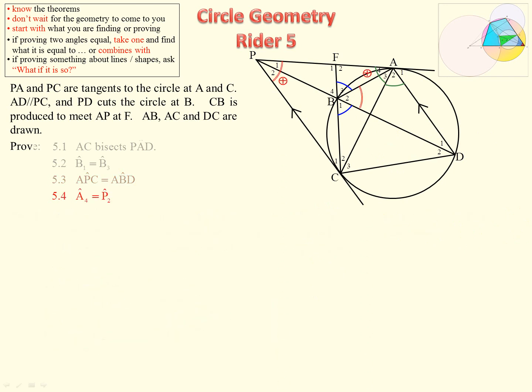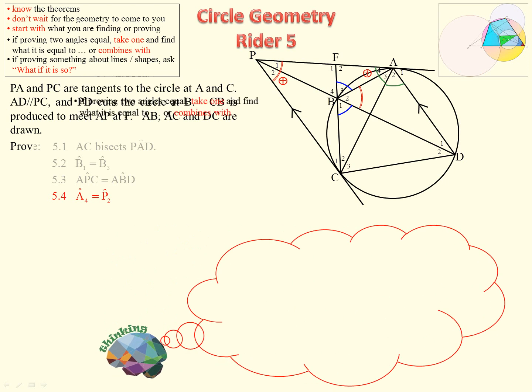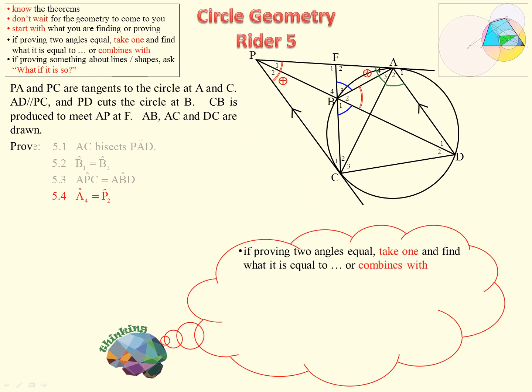The last part of this proof, let's write it. Prove A4 equal to P2. We're going to go straight to what is it equal to, and this one's going to be pretty straightforward. In fact, really, we say what is P2 equal to? There's the hint in pink. Alternate angles, AD parallel to BC. So that's D1.